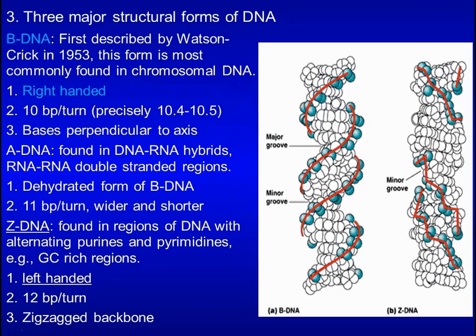Similar to proteins, in which most alpha helices are right-handed, the most common form of DNA double helix is the right-handed B form. Different from proteins, some regions of DNA do exist as the left-handed Z form.